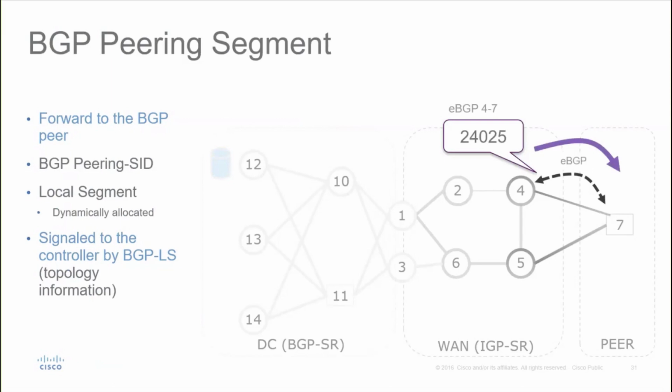That is the label that represents the eBGP neighbor to 7. So if router number 4 were to receive traffic with the label 24025, it will pop the label and send the resulting traffic over the interface where you have built the eBGP neighbor with node 7.